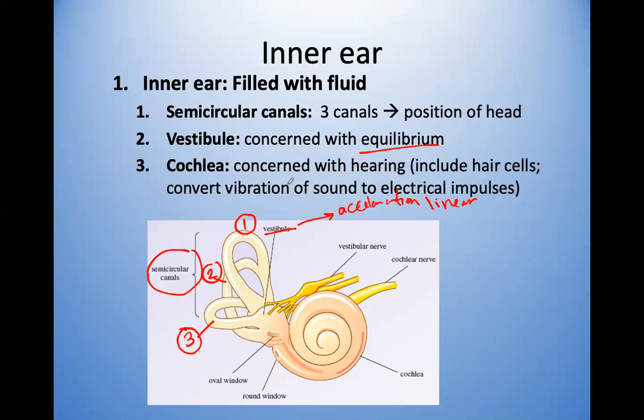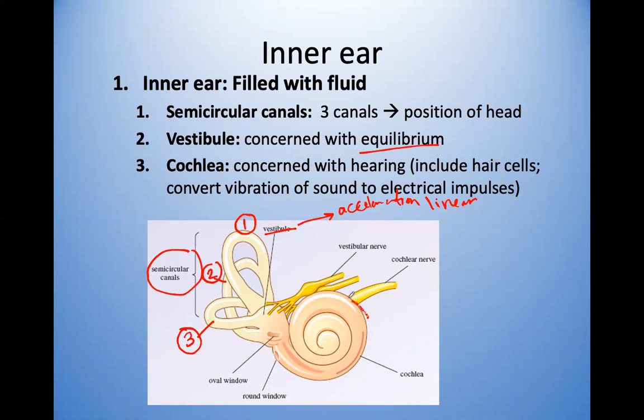Also, if you are in an elevator going up and down, the gravitational acceleration is also measured by your vestibule. If there is any problem with the fluid balance inside the vestibule or semicircular canals, that causes problems with your equilibrium, or gives you the feeling of vertigo.